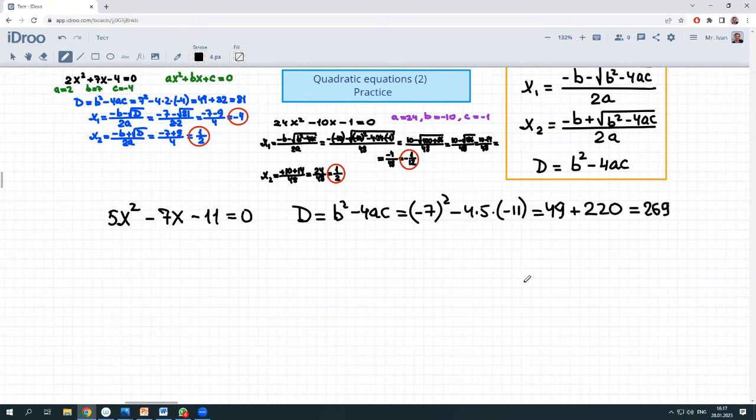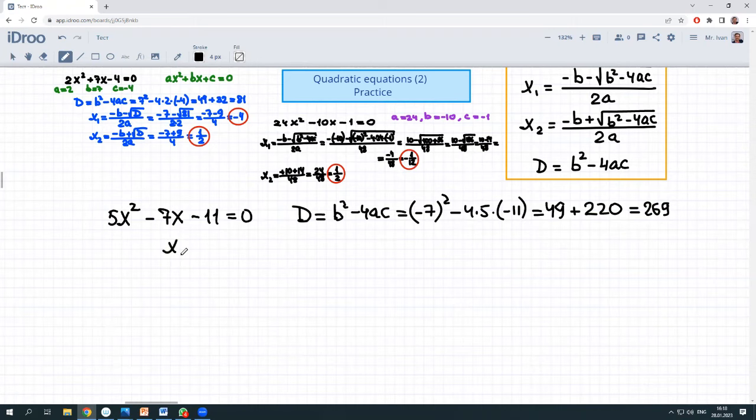Okay. Not such a nice number. There is no nice square root of this number, 269. I even do not know by what it could be divided, honestly speaking. Probably it's not a prime number, probably it is, I don't know. Let's just keep it as it is.